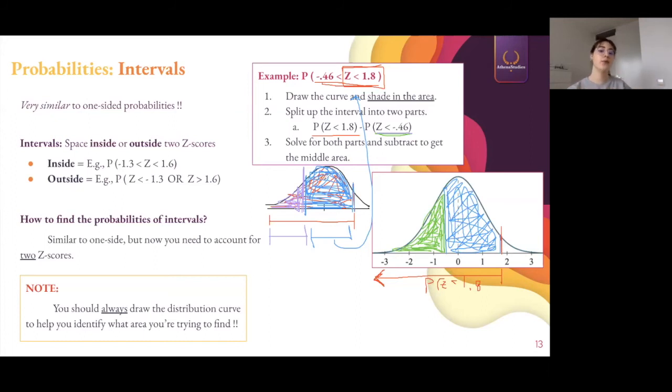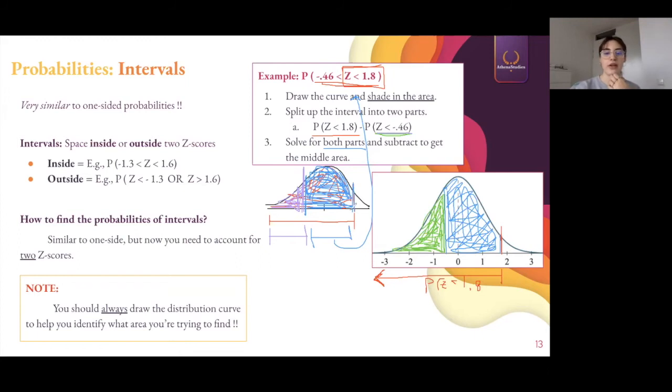That's exactly why I wrote it like this. So we solve for both parts separately and subtract to get the middle area. That's exactly how we are going to approach this problem.